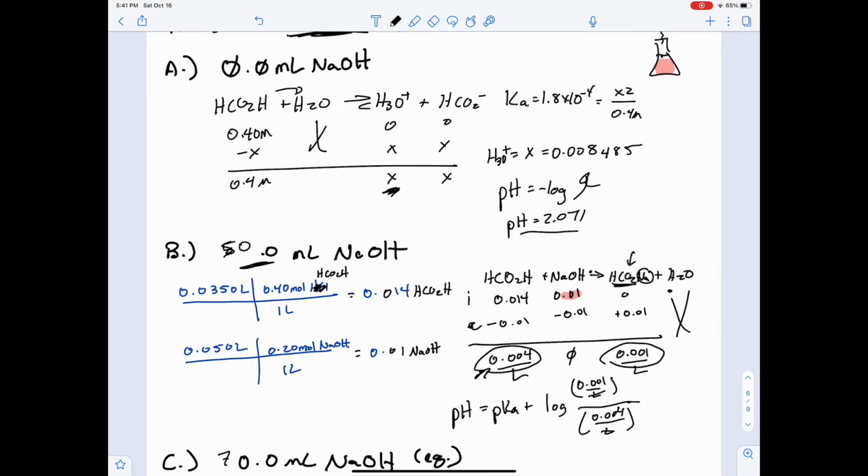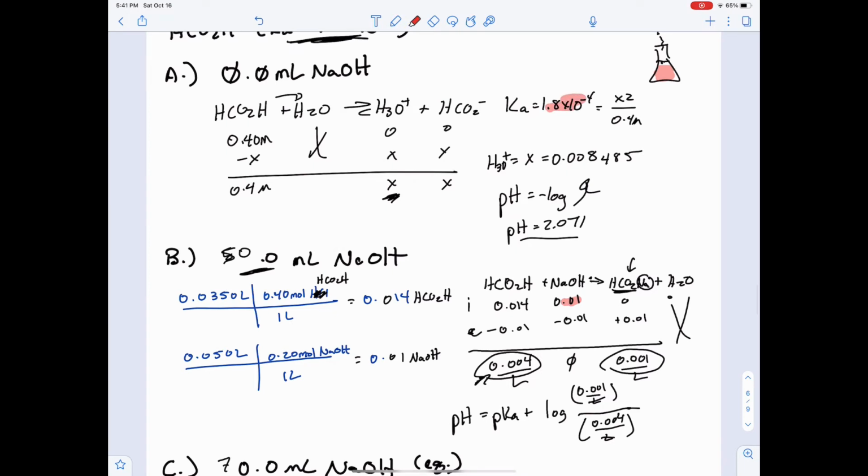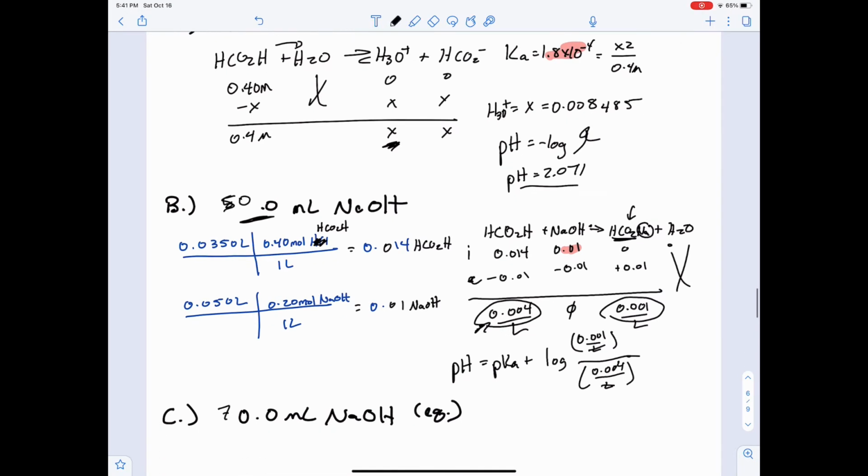And now I just need to put it in my calculator, but I need to make sure I've got my pKa. There it is. It's up there. So the pKa, I'm going to rewrite this. It's a negative log of 1.8 times 10 to the minus 4th plus all that other stuff above. I'm just going to simplify it to 0.001 over 0.004.